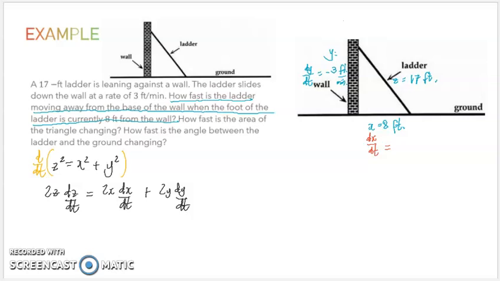So we can see that every term is divisible by 2. So let's make this simpler: z dz/dt equals x dx/dt plus y dy/dt.